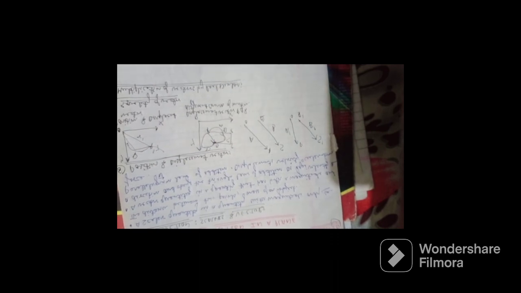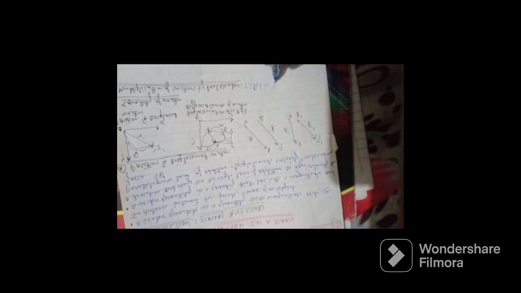Multiplying a vector A with a positive number lambda gives a vector whose magnitude is changed by the factor lambda, but the direction is the same as that of A. So lambda A, if lambda is greater than 0.